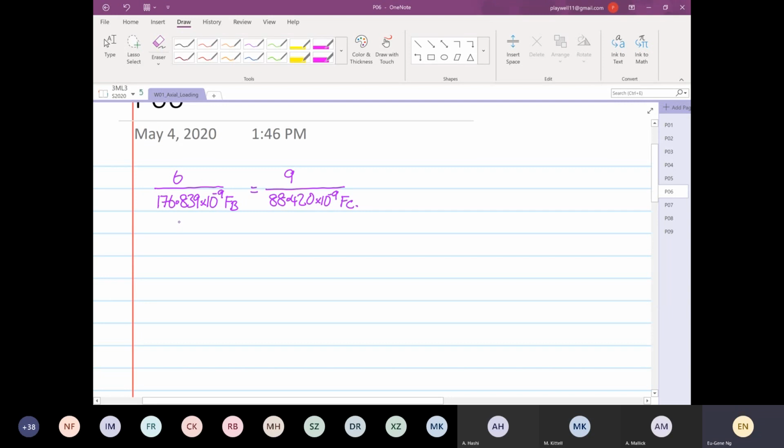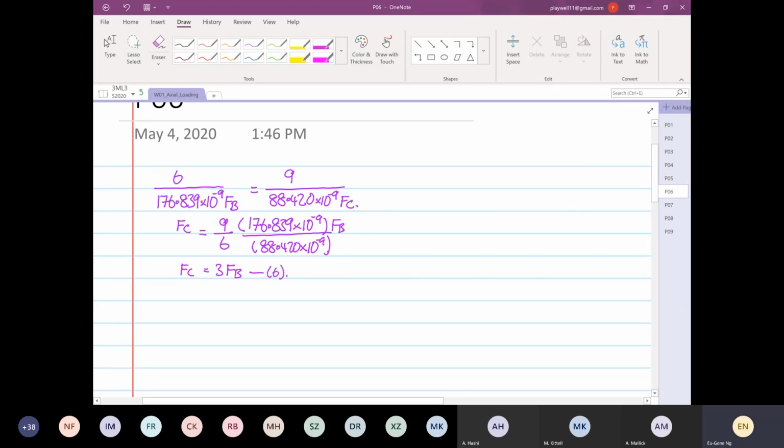So you have an expression where FC will be equal to 9 over 6 multiplied by 176.839 times 10 to the power minus 9, and this will be your FB, and then you divide the whole thing by 88.420 times 10 to the power minus 9. So from here, you realize that FC will be equal to 3 times FB. So this will be your equation number 6.